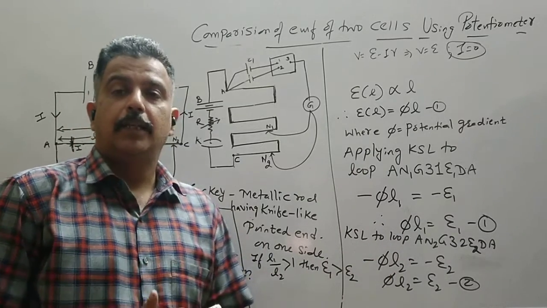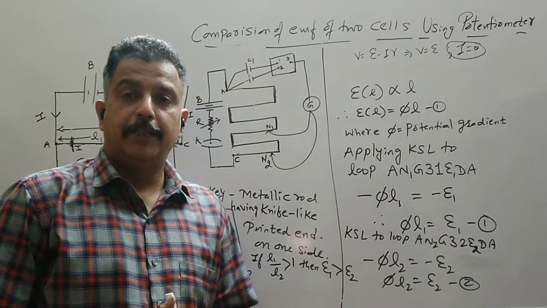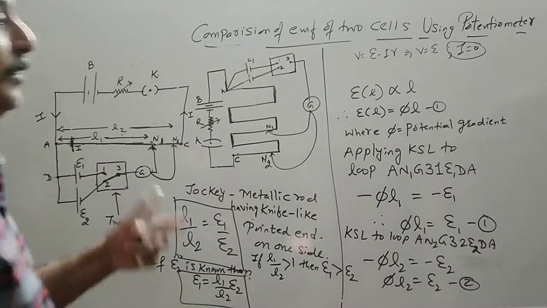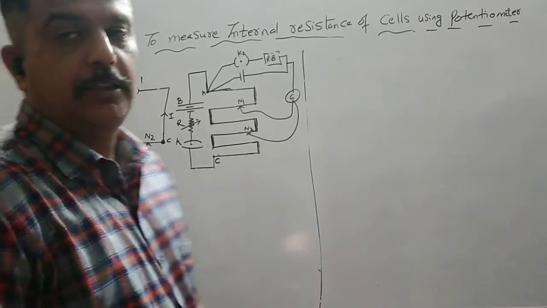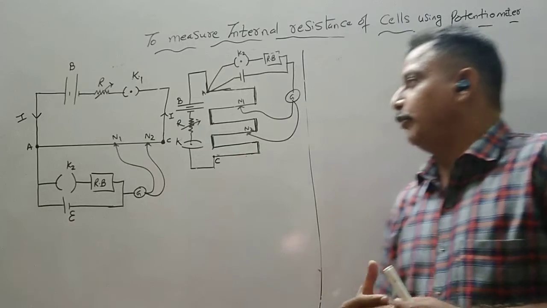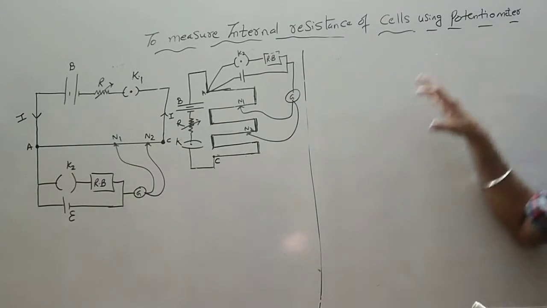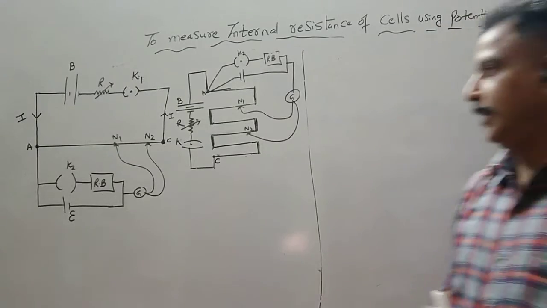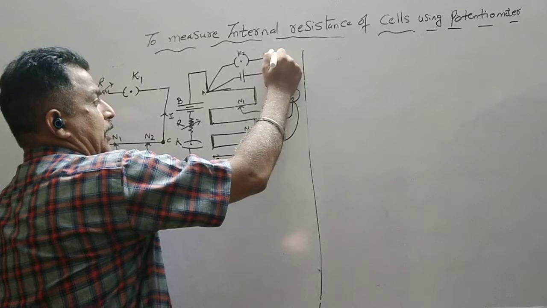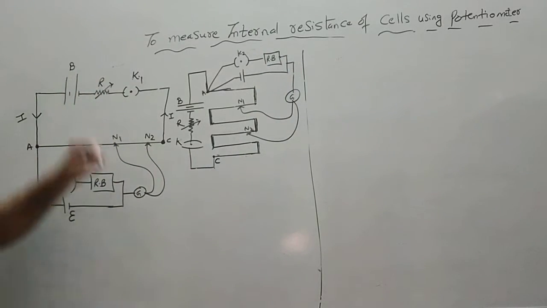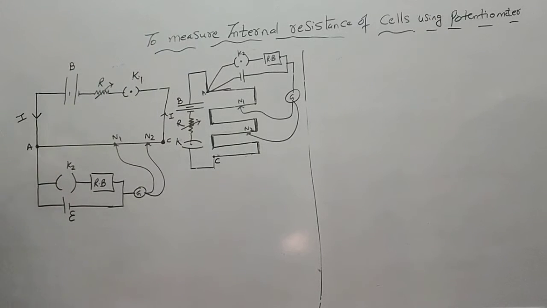Now let us see how the potentiometer can be used to determine the internal resistance of the cell. The next and the last use of the potentiometer is to measure the internal resistance of cells. Now this is a diagram which is given in the book. We have two keys, K1 and K2.